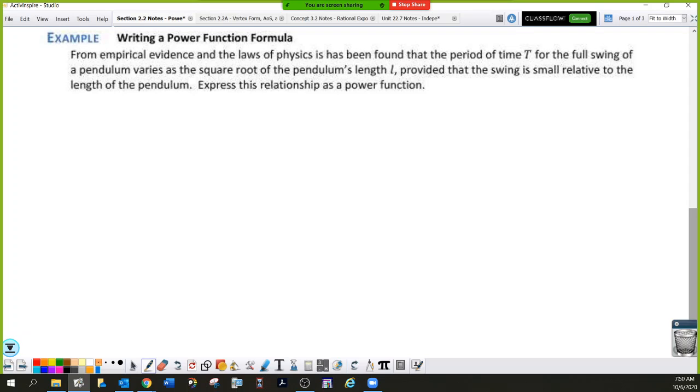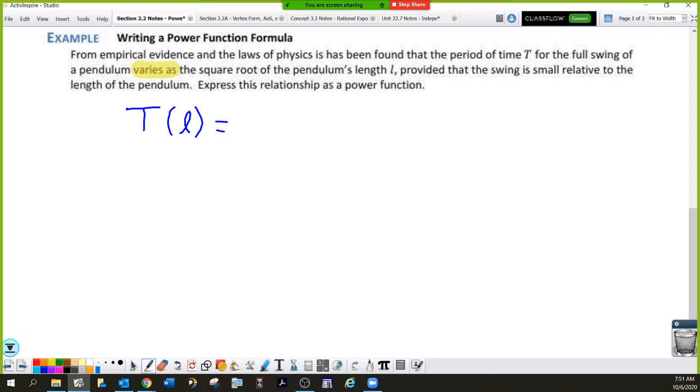So when it says it varies as, let me grab my highlighter. When it says varies as right here, I go, oh yeah, it didn't say inversely, so that means direct variation. It says express this as a power function, capital T, and we're talking about the pendulum's length. L is our variable. So the time that it takes with respect to the pendulum's length is.